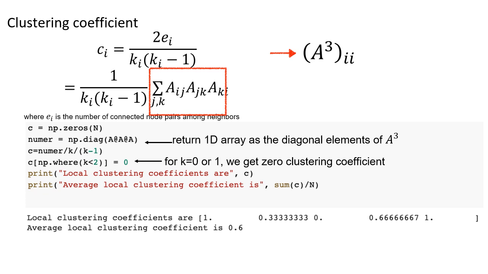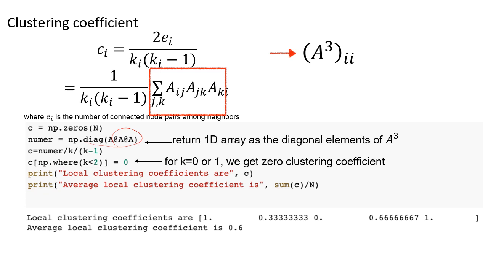So you calculate this and divide by this value. That gives Ci. Python and NumPy can easily calculate the matrix, so you can get the multiplication of the adjacency matrix and take the diagonal. That is the cubic ii, and so you can easily get Ci.